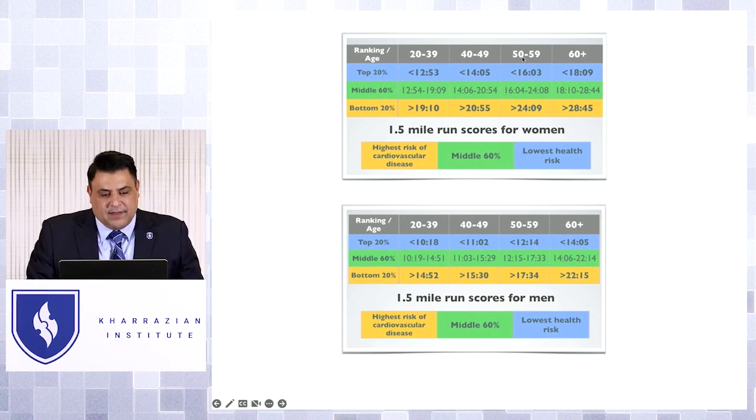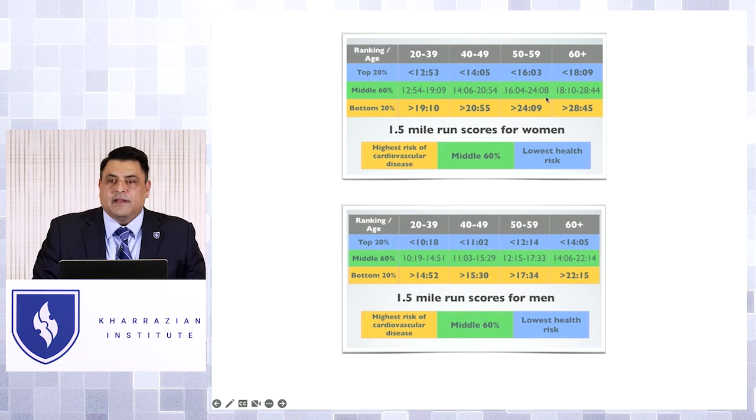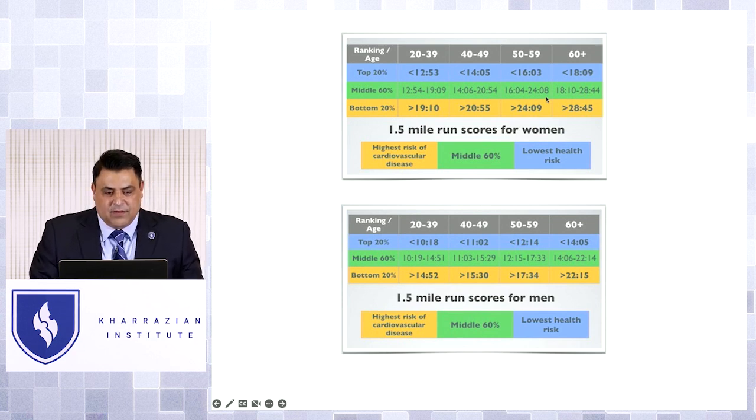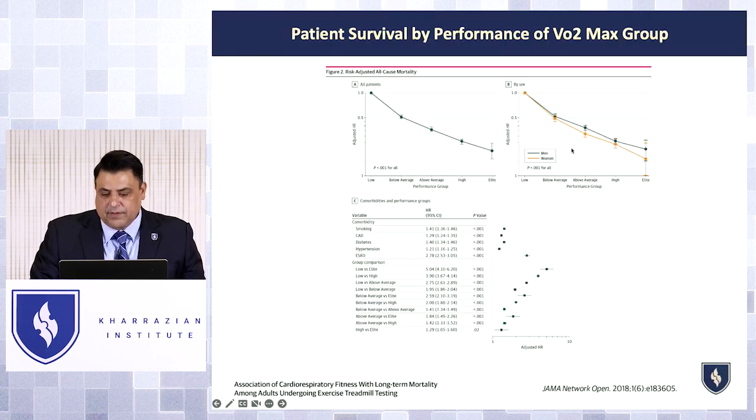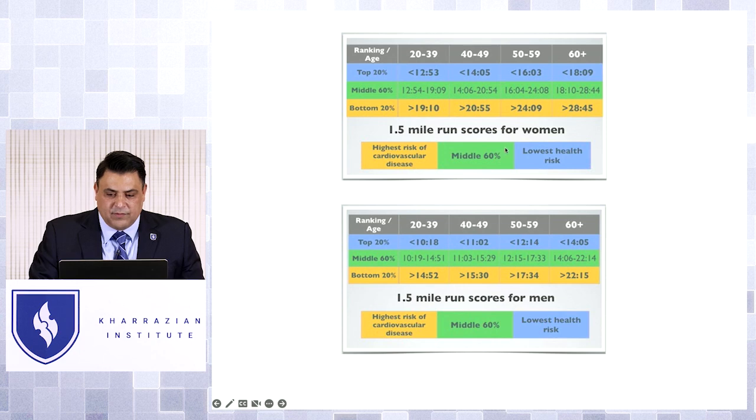Can they walk at a pace to finish 1.5 miles on a treadmill between 16.4 and 24.8 minutes? If they can, then they're in the above average group. And if they can do it in less than 16 minutes, they're in the top group. So you can see these are feasible for people to get to, to have cardiovascular benefits for cardioprotection.